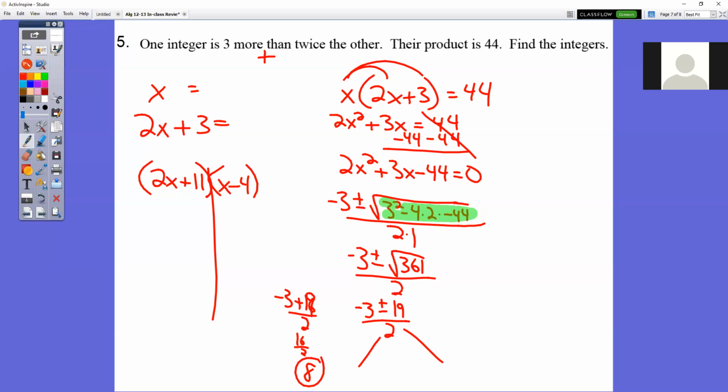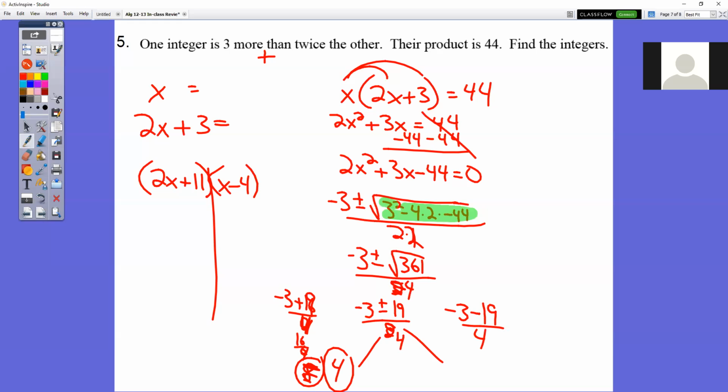So that's one of our, what did I do wrong? 2a, 2 times 2. Thank you. This is 2 times 2, so this is really a 4. So 16 divided by 4 is 4. Sorry about that. And then on the other side, we have negative 3 minus 19 over 4.